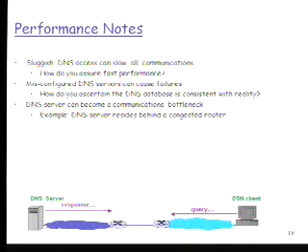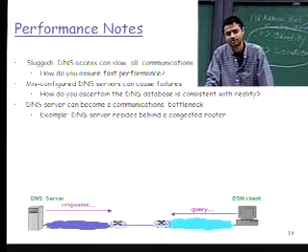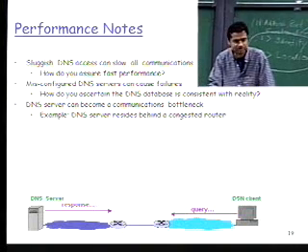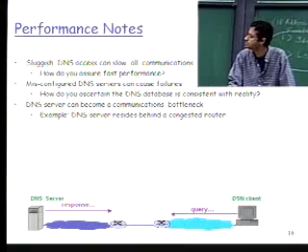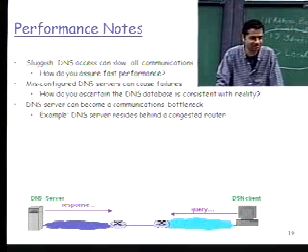There are some performance issues. Again, we spoke about that earlier. Your architecture has to ensure that fast performance is delivered to all the resolvers. So you replicate your name servers as much as possible so that the server load is light.